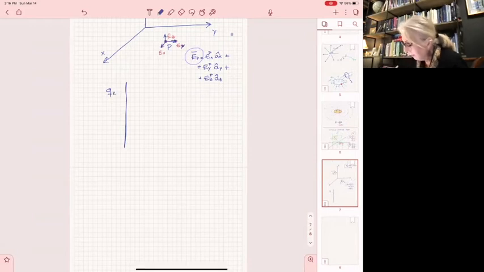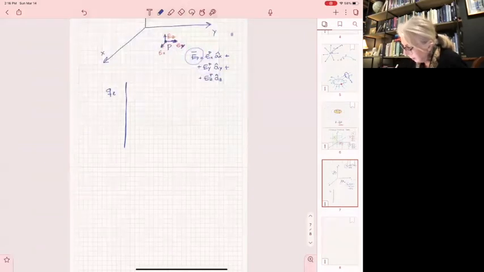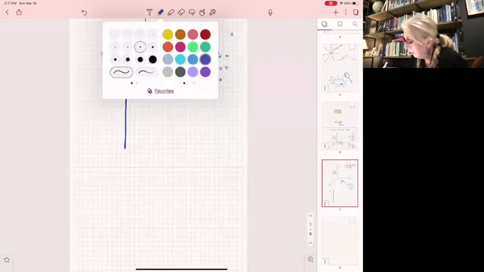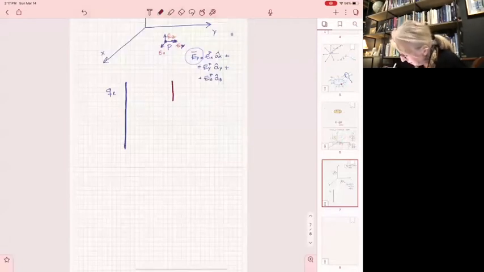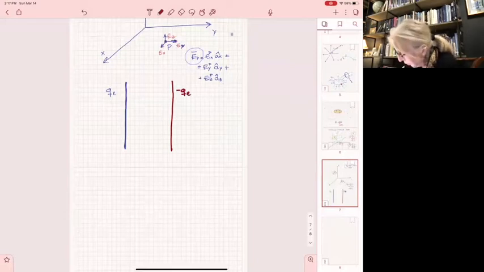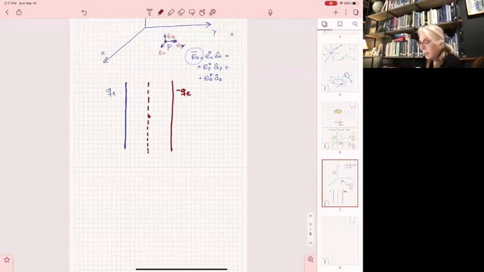And then you have another one. So this is line charge density. And let's assume that this is another line charge density, and then this is minus Q sub L. And I want you to find the field at this point, or along this line.